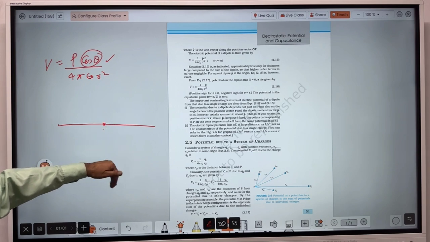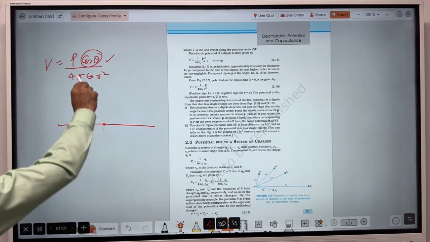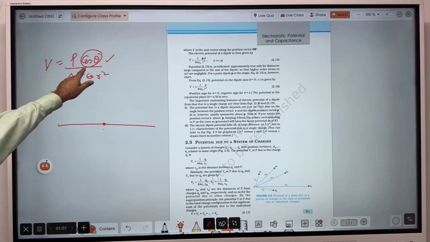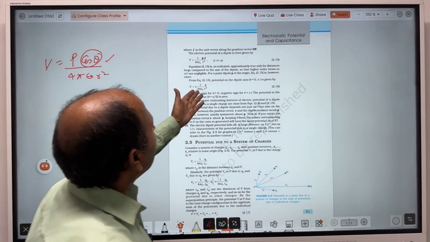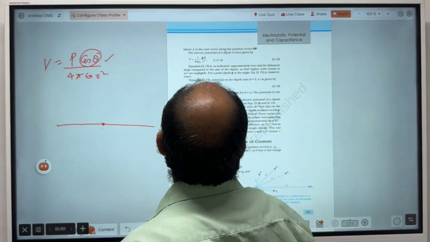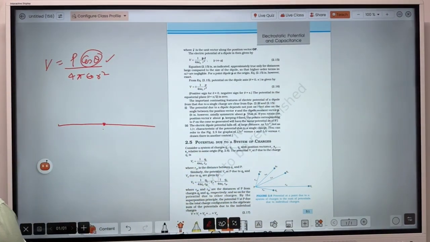And if the point is just opposite, the angle between the dipole axis and the point at which potential is to be found is 180 degrees, so cos theta becomes minus 1. In that case V equals minus p divided by 4 pi epsilon naught r square. That is why for 0 degrees or pi it can be plus or minus p upon 4 pi epsilon naught r square. So you have understood this concept.